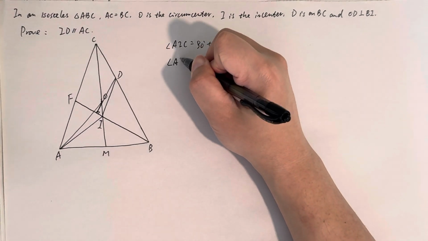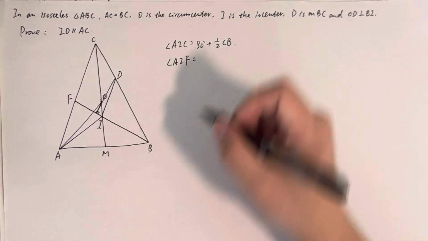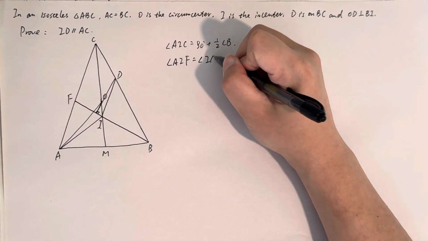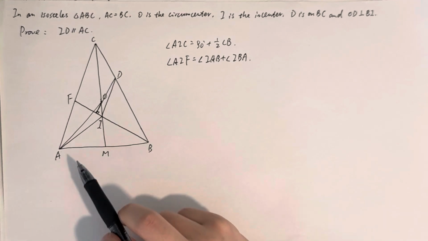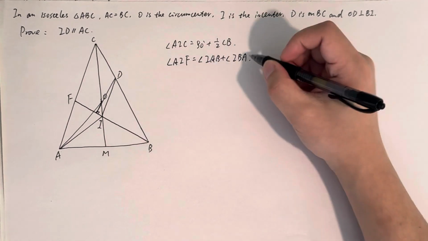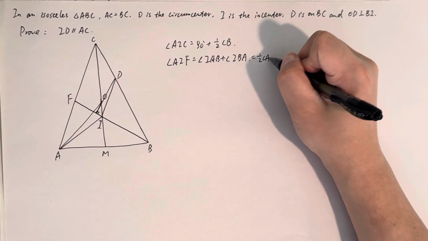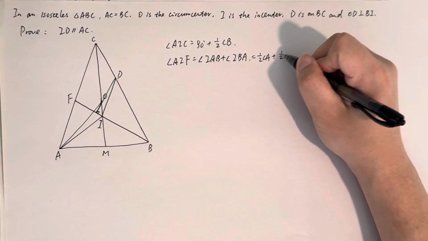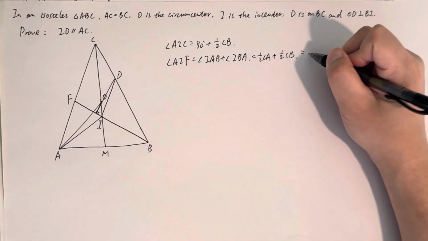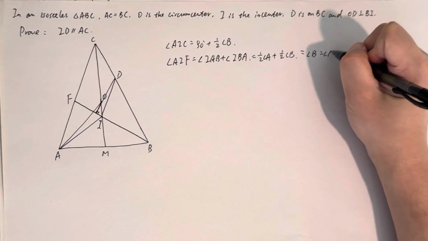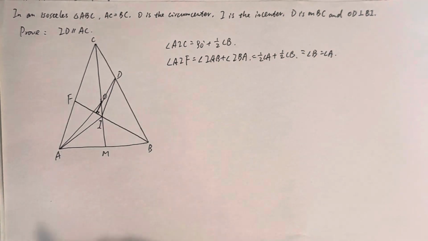The angle AIF equals angle IAB plus angle IBA. And we know that IAB is half of angle A and IBA is half of angle B. And we know that angle A equals angle B, which means it equals angle B or angle A. Right? That's angle AIF.